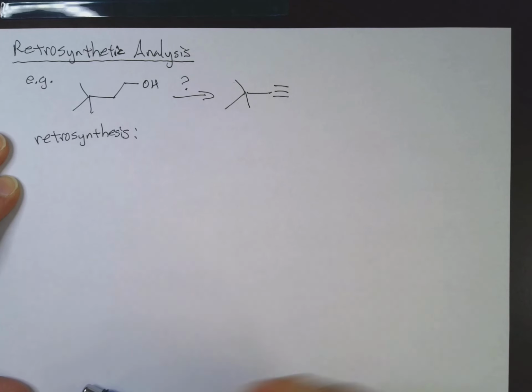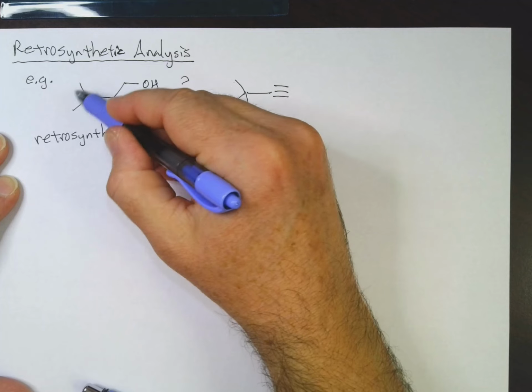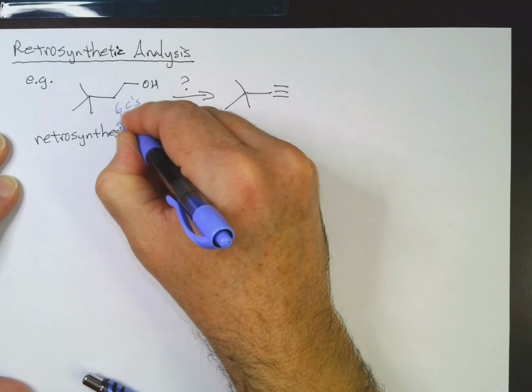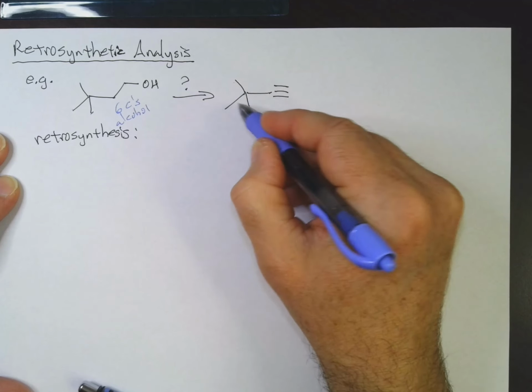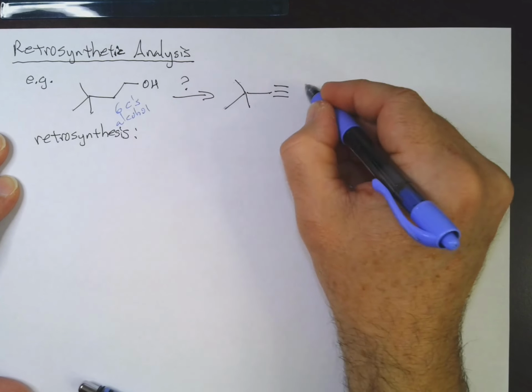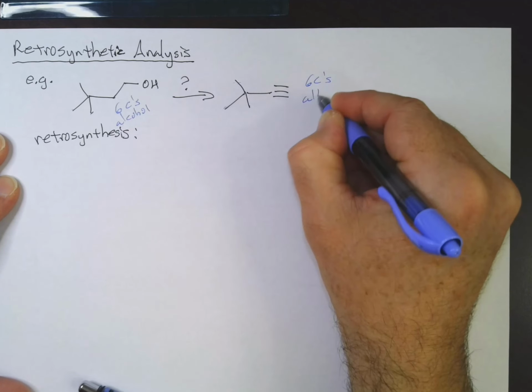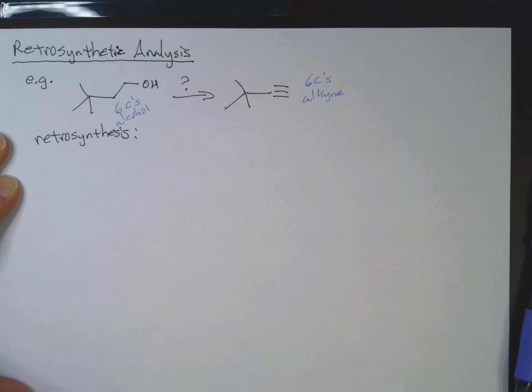First things first, let's analyze this here. 1, 2, 3, 4, 5, 6 carbons, so 6 C's, and it's an alcohol. 1, 2, 3, 4, 5, 6. 6 C's and an alkyne. So we don't have to change the carbon skeleton, we just have to change the functional group.